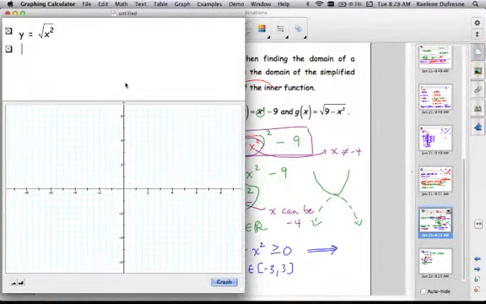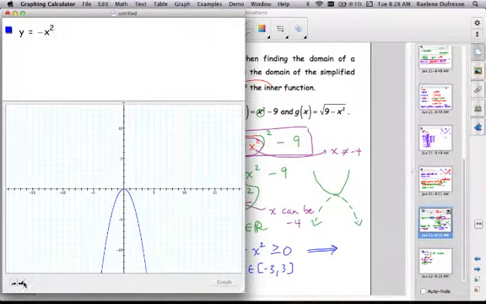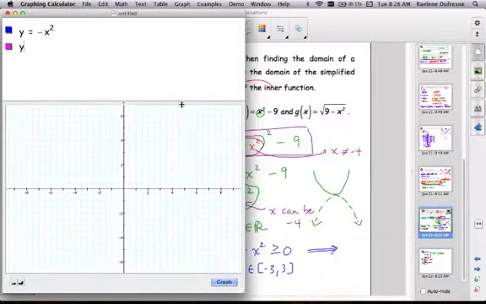Y equals negative x squared, you should be able to picture it, is a concave down parabola, and x is contained in the reals. Meanwhile, the graph of y equals the square root of 9 minus x squared, quantity all squared, minus 9.